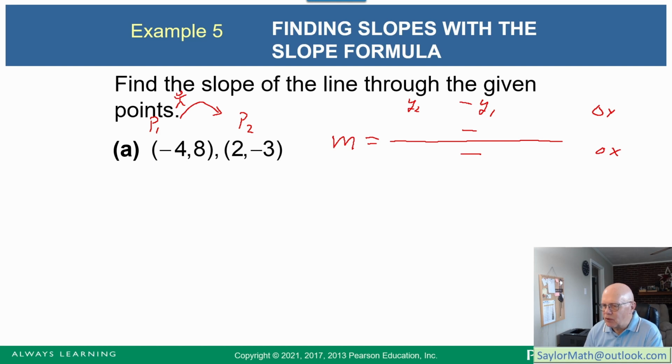What's y sub 2? Well, this is point number 2, and its y coordinate is -3. And I'm going to put these in parentheses because I don't want to get mixed up between these minuses and the negative numbers. That could be confusing.